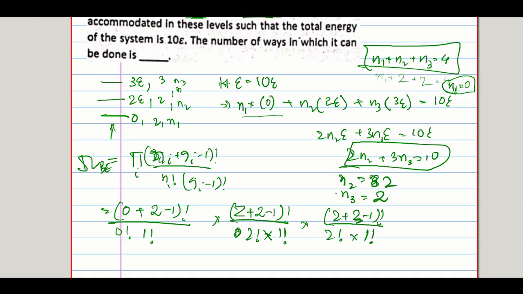Sorry, the degeneracy is 3 for the third level: 2 plus 3 minus 1 factorial by 2 factorial, into 3 minus 1, so 2 factorial.